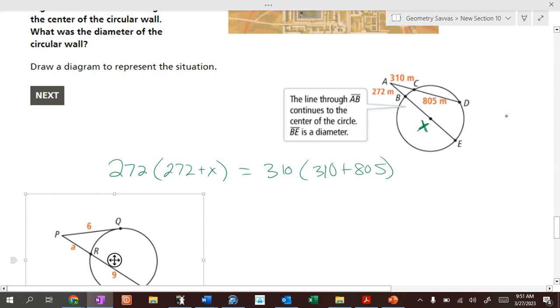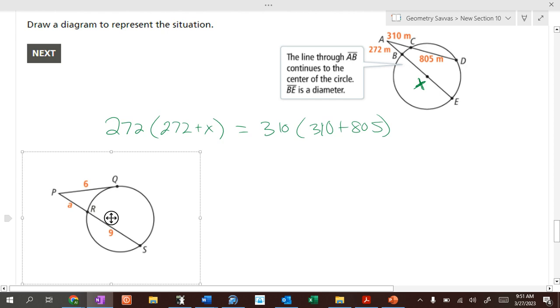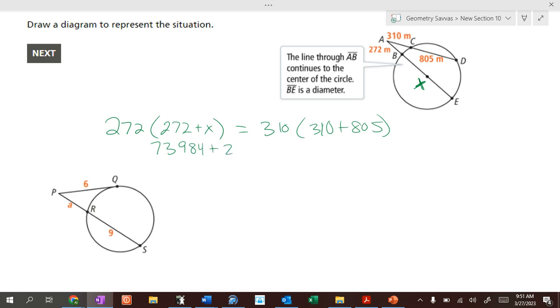Okay, so somebody, calculator, take 272 times 272. Plus 272x equals, take 310 times 310. 96,100. And 310 times 805. 249,550.